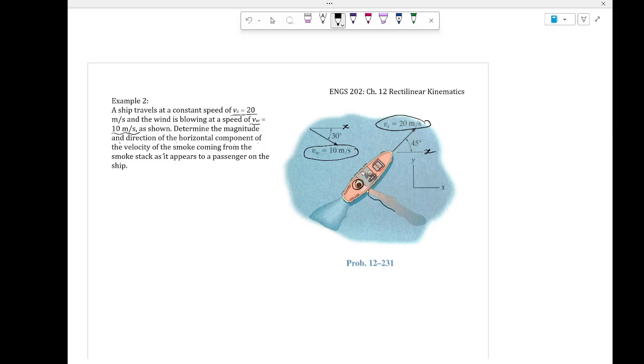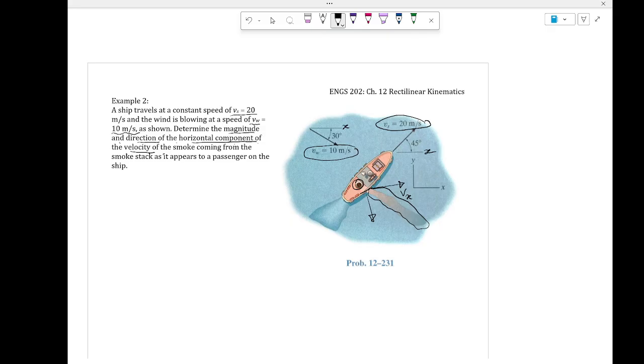So the question is asking to find the direction and the magnitude of the horizontal component of the velocity of the smoke. It does have two components, x and y, right? So it's asking about the x component of the velocity of the smoke.